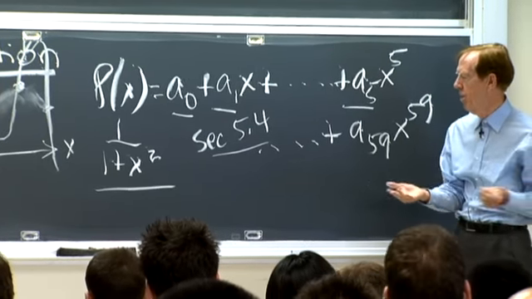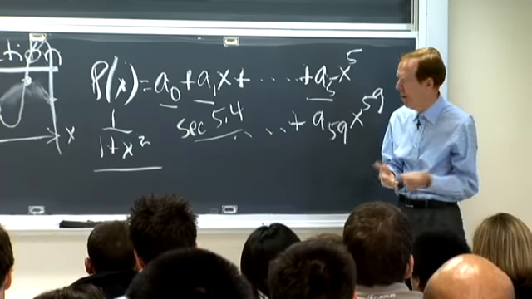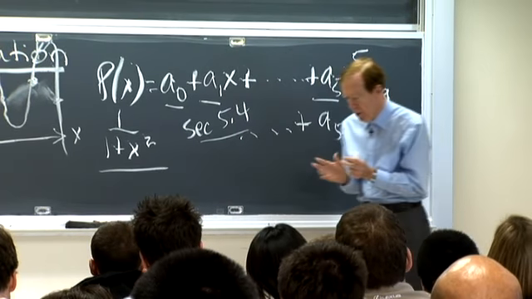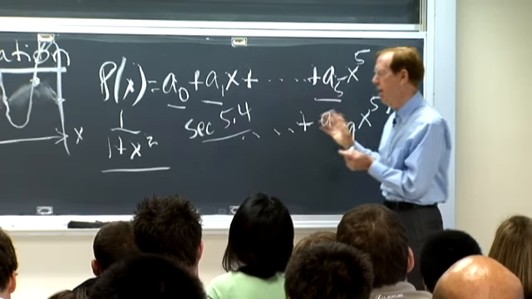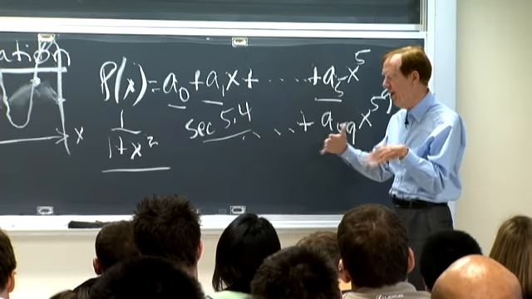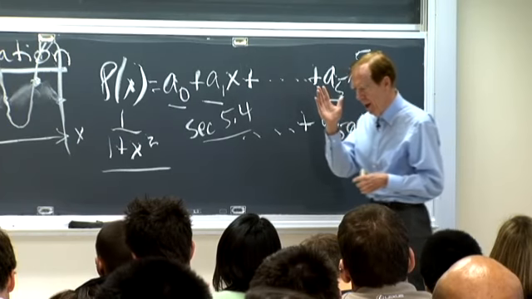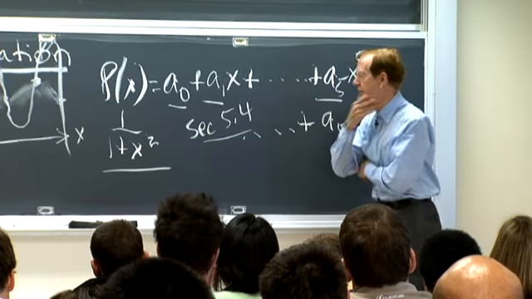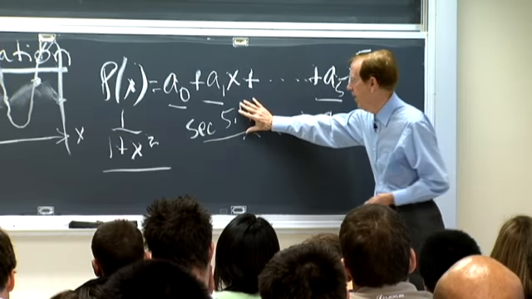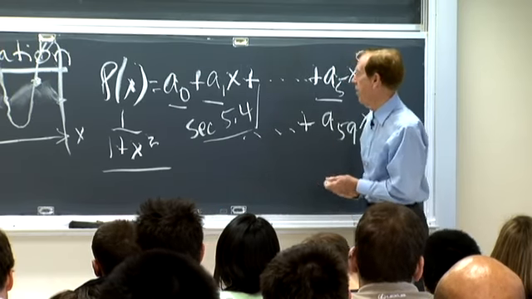It's infinitely differentiable. I would even call it an analytic function. It's great. But if I try to fit it with a high degree polynomial at equally spaced points, that polynomial gets out of hand, right? And there's a figure there.